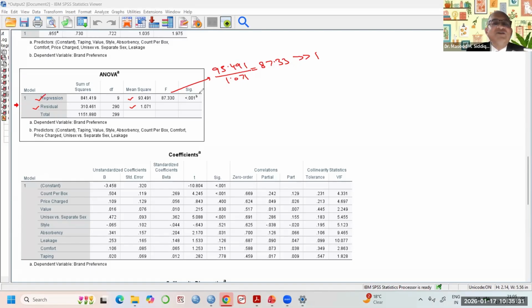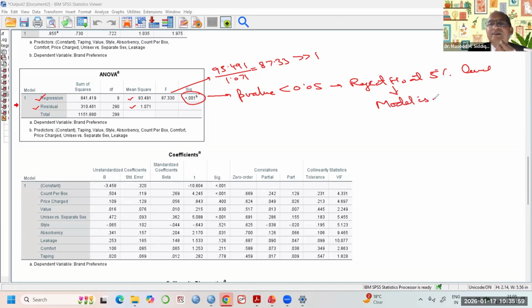So much greater than 1 means this p-value, this is the p-value, is less than 0.001. So obviously it is less than 0.05. It means we reject H naught at the 5% level. So rejection means we can say that the proposed regression model is significant.